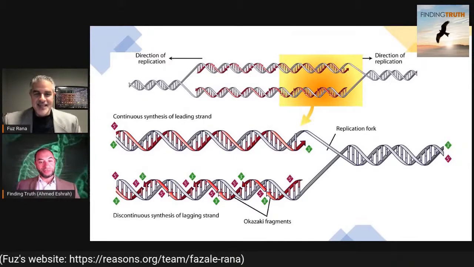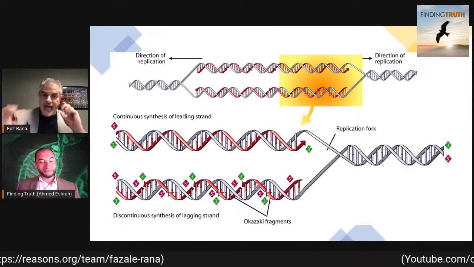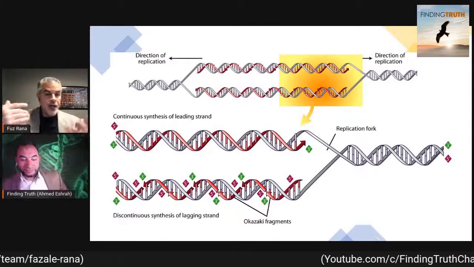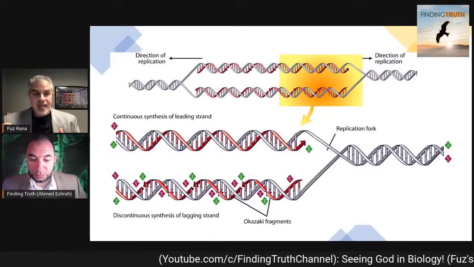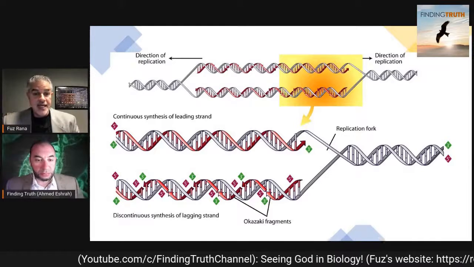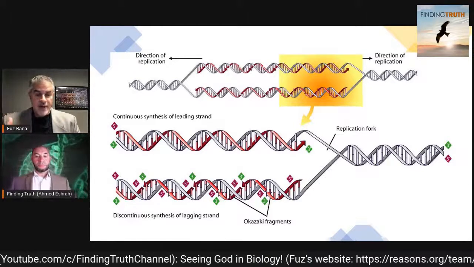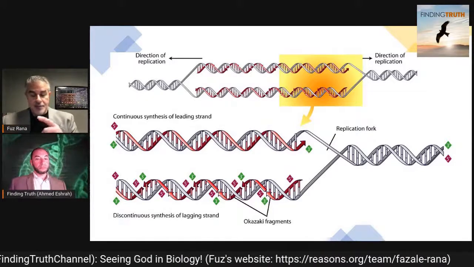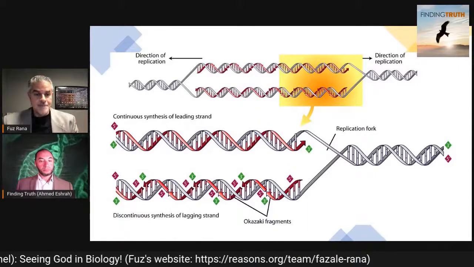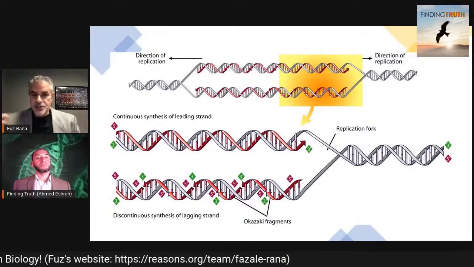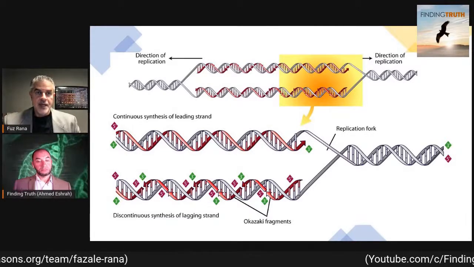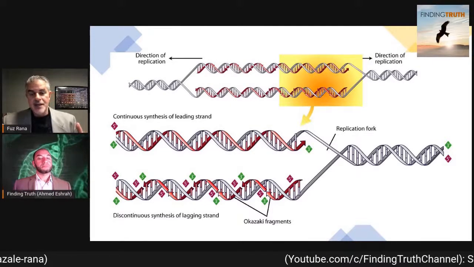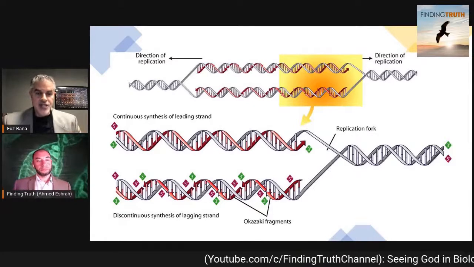Of course. Because what happens is at a particular replication fork, one of the strands has the right orientation, and so DNA replication can begin right away on that strand, and it proceeds in a continuous manner once it starts. That turns out to be called the leading strand, or the continuous strand. Now, the other strand has the wrong orientation.